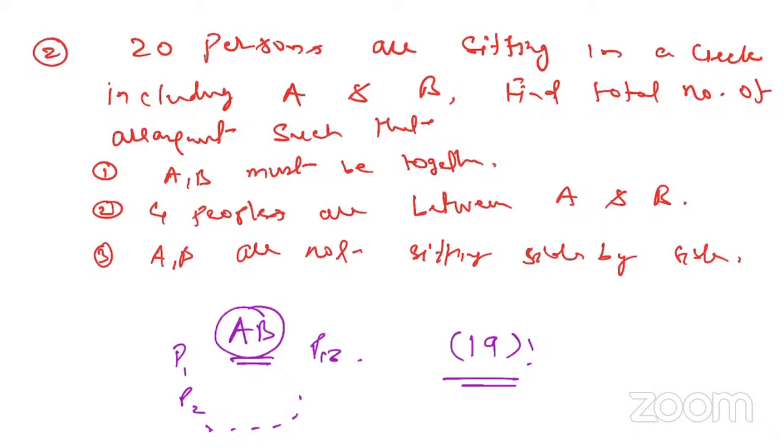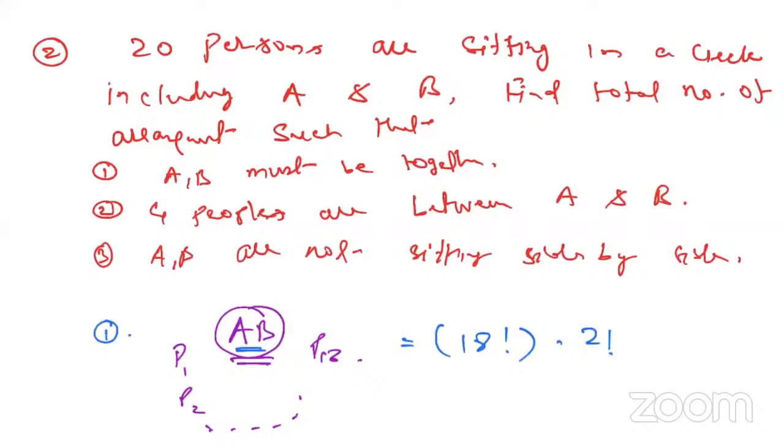But we have the case when A and B are together, so total 19 people are there. So you must go for factorial 18. But A and B are also arranging themselves by factorial 2 ways, right?